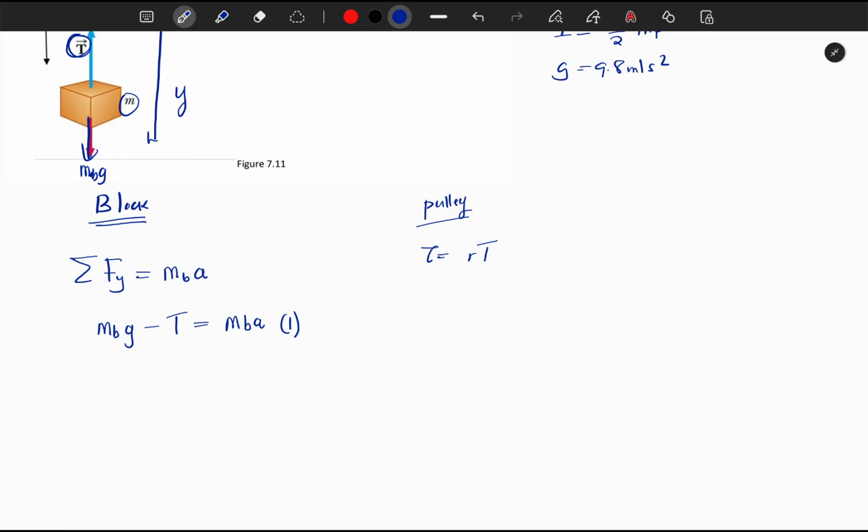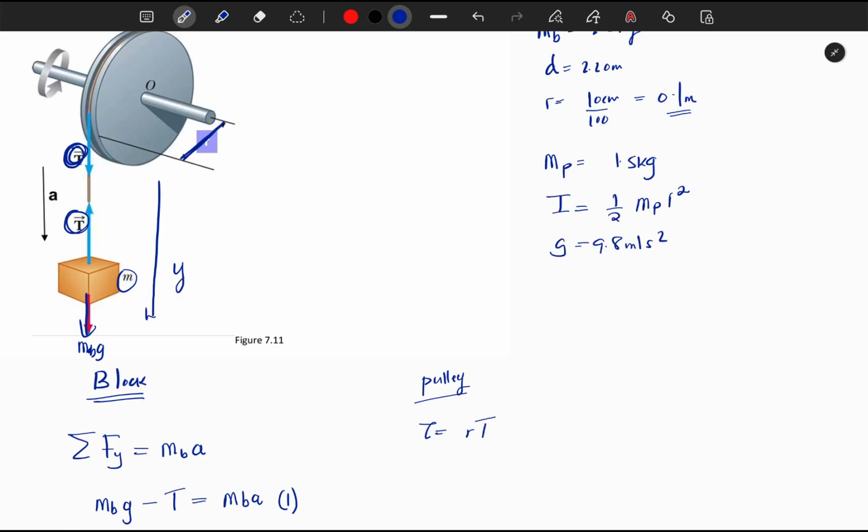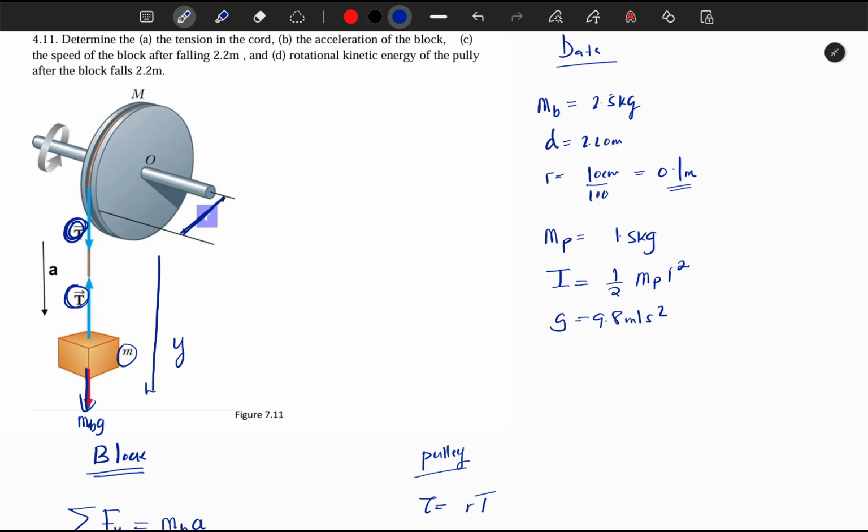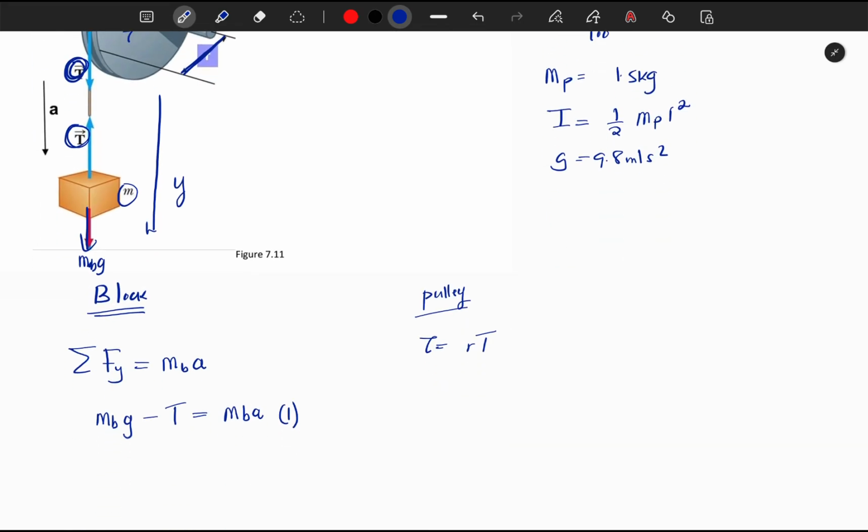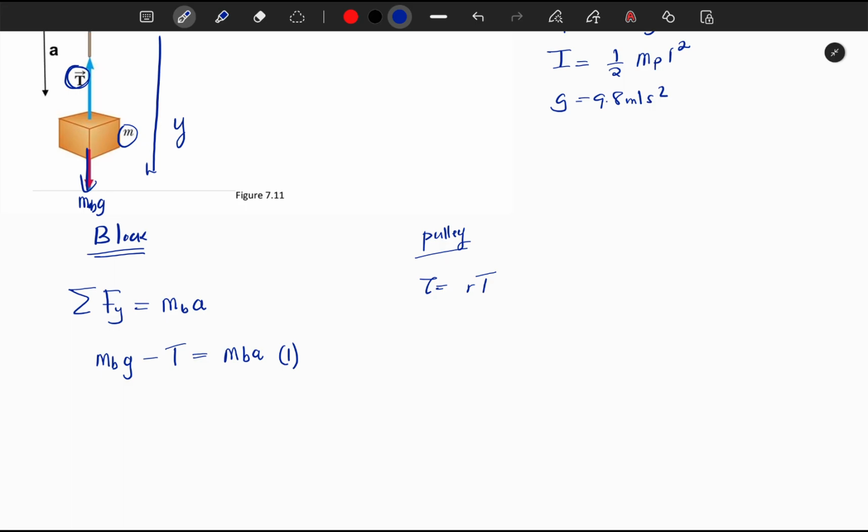Now, we know that this torque causes what we call an angular acceleration. So as this is moving, of course, there's a torque somewhere, but this also causes an angular acceleration. Because it causes an angular acceleration, we also know that torque is equal to the moment of inertia multiplied by angular acceleration.